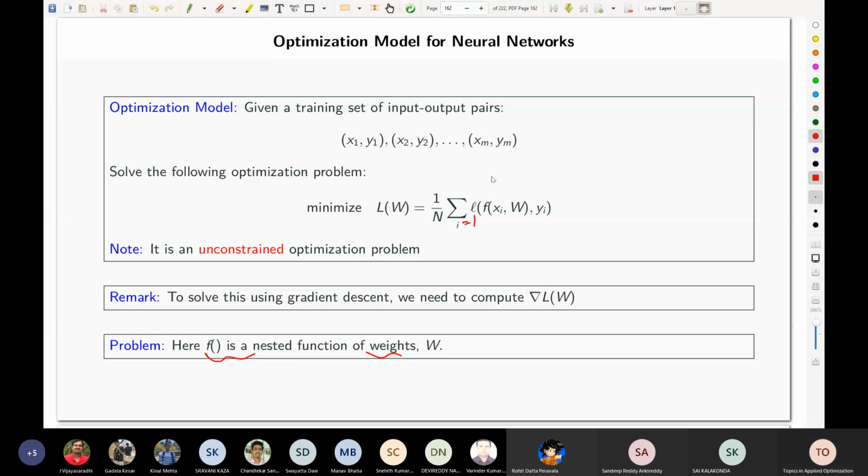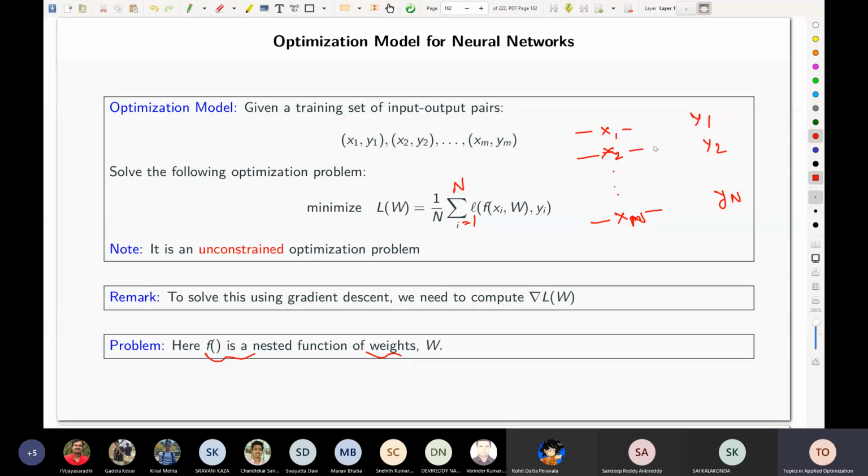Okay, I think this m and the other m will contradict, so let us say this is n. So i equal 1 to n. So I have samples like this: x1 and the corresponding label y1, then x2 and the corresponding label y2, and then xn and the corresponding label yn, right?